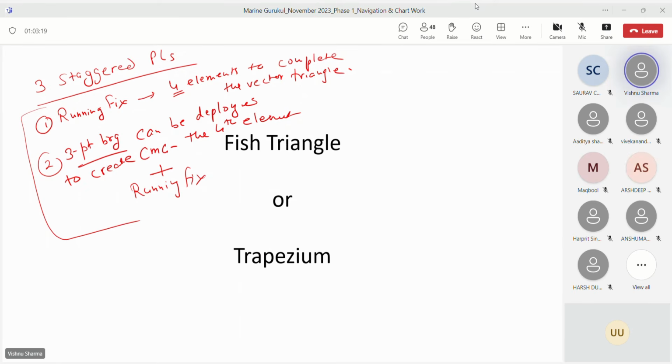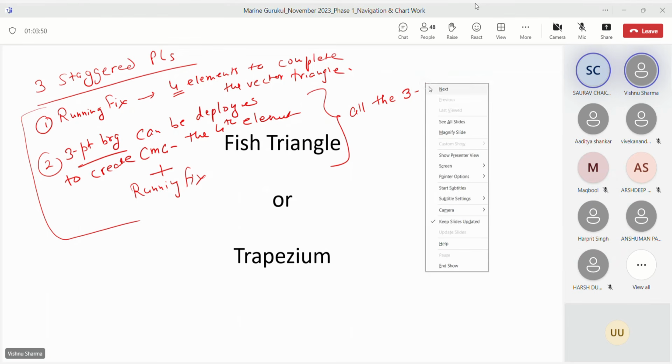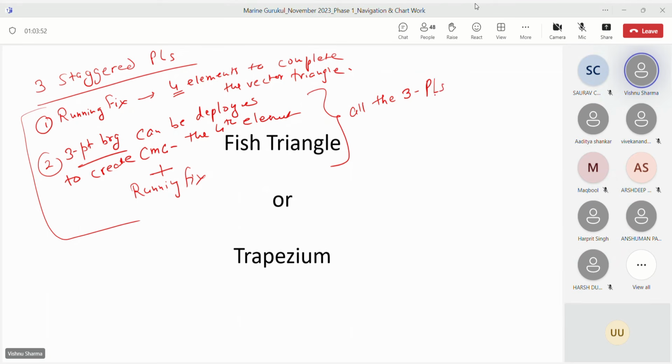For 3-point bearing to be applicable, what is necessary, beta? For 3-point bearing to be applicable, what is necessary? The method to be applicable, what is necessary? 3 bearings. 3 position lines. 3 PLs intersecting at 1 point.